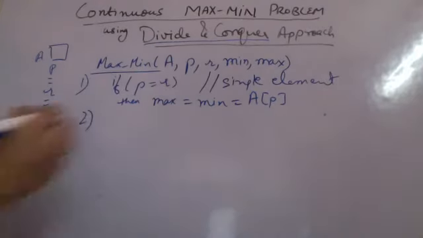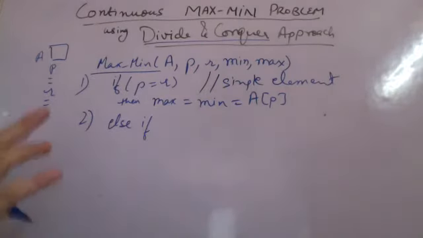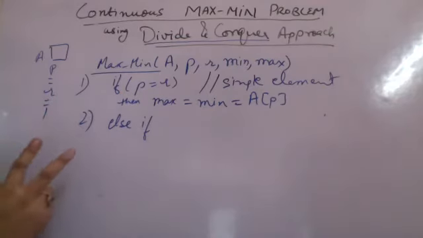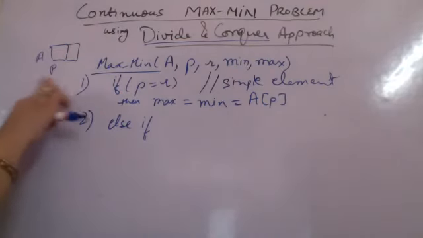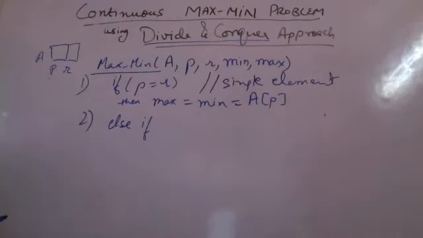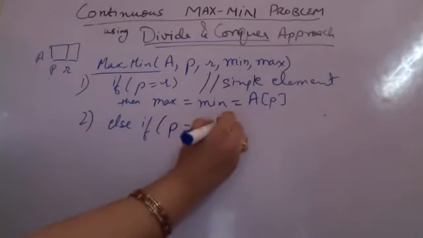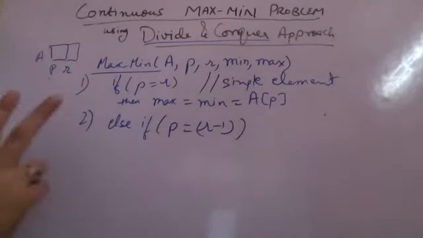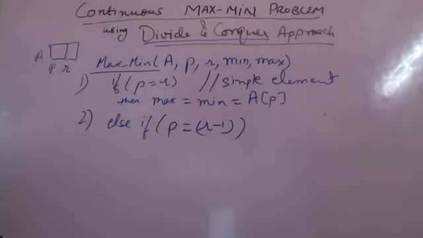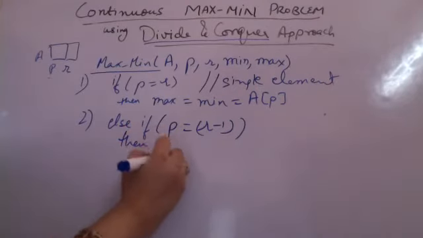The next case, else if P is not equal to R, that means there are more than one element. Then we have to check if there are two elements. In case there are two elements, P is equal to R minus 1. So the next condition is if P is equal to R minus 1, there are two elements in the list. I only need to compare them and I will get the maximum and minimum. So in this case, I will have a nested if.